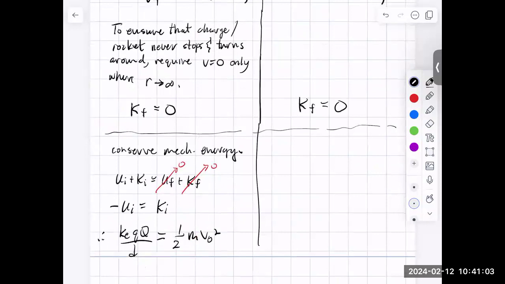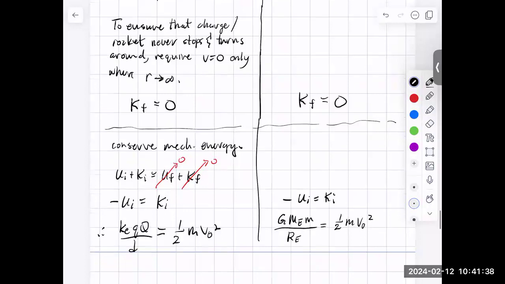All of this is exactly the same for the rocket. We require minus the initial potential energy, which is G times the mass of the Earth times the mass of the rocket divided by the radius of the Earth, to equal the initial kinetic energy, 1/2 m v0 squared. Now all we have to do is solve for v0 in both cases, and we'll get the escape velocity. Let's start with the charges.